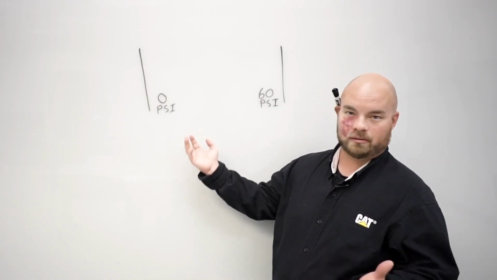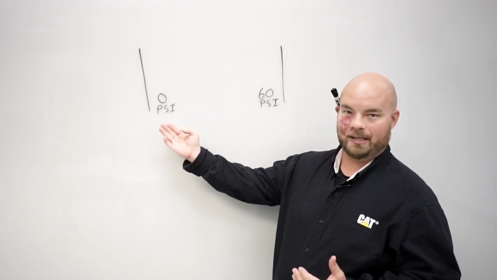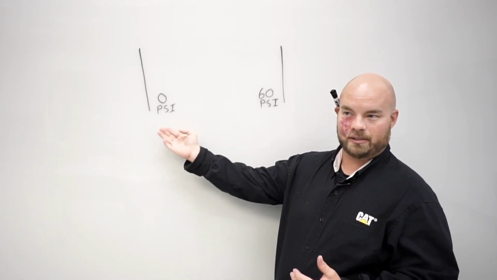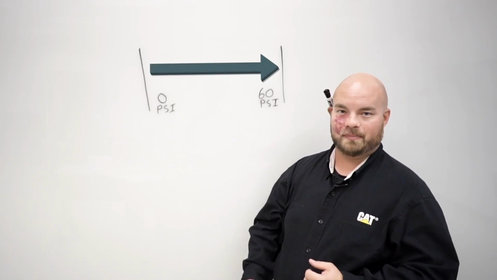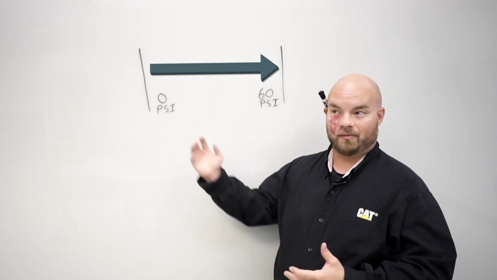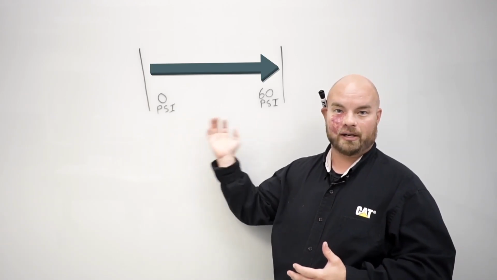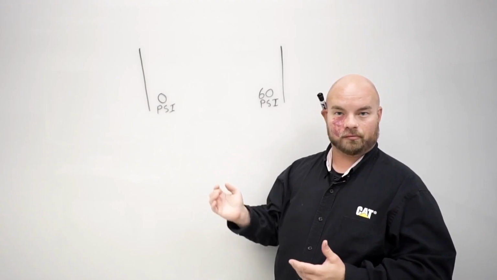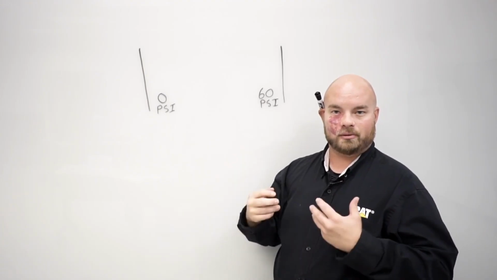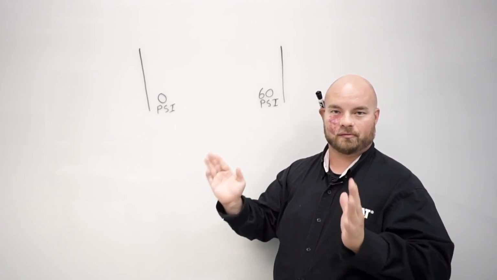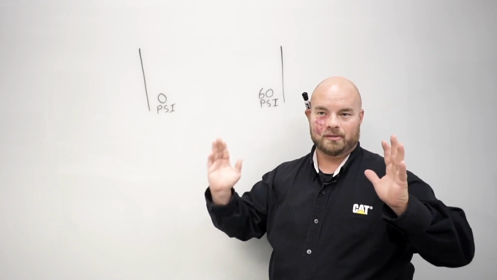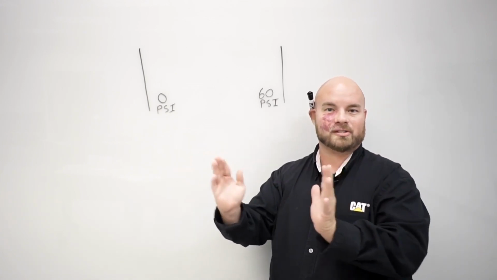Just as an example, let's say that sensor has the ability to measure 0 PSI all the way up to 60 PSI. As it's detecting boost pressure somewhere in this range, the signal from that sensor is going to output somewhere between 0 to 5 volts. Now we don't use the full 0 to 5 volts, we kind of put it somewhere in the middle.